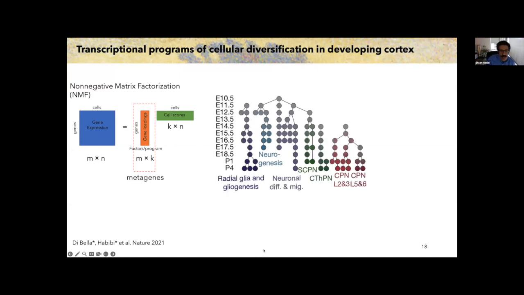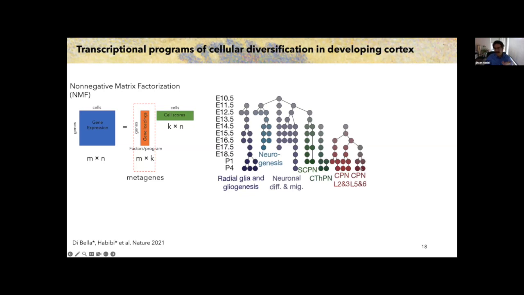Then I defined all these modules individually at each time point, identified gene modules across them, annotated them using the top 15 genes, and then chained the modules from consecutive time points to define genetic programs that represent different aspects of corticogenesis. For instance, you can see here we have broad terms like neurogenesis, but we also see specific programs coming up later on, for instance around 30.5, suggesting a common lineage in terms of progenitors.